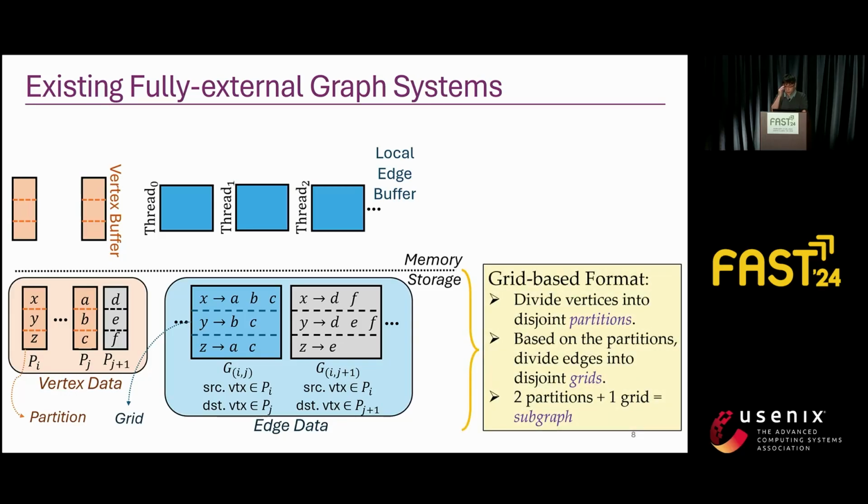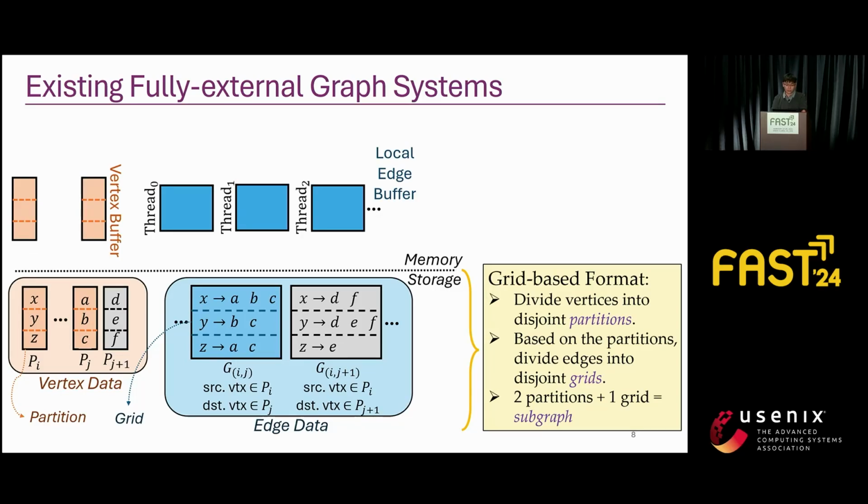With the grid-based format, there are several steps to store a raw graph. The first step is to divide the vertices into multiple disjoint vertex partitions, and each partition contains a similar number of vertices.